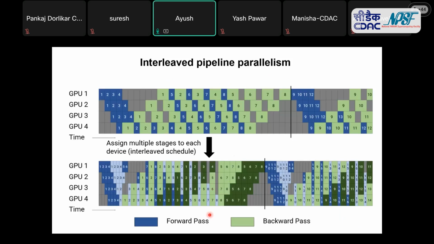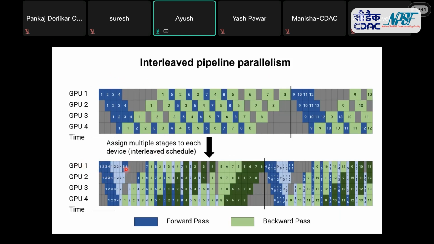So this is a small, minor modification of the pipeline parallelism, which is interleave scheduling. Here, for example, let's say device 0 or device 1 handles stages 1 and 3. Device 1, GPU 1, is going to handle 1, 2, 3, 4.